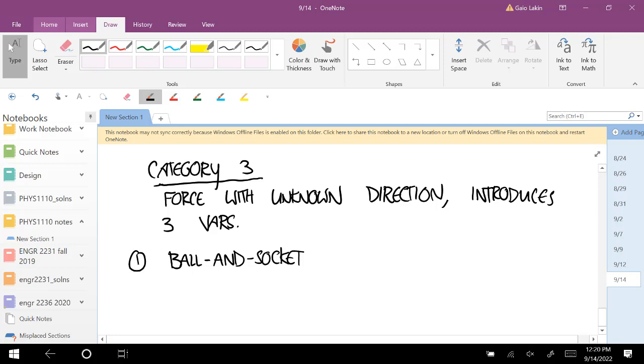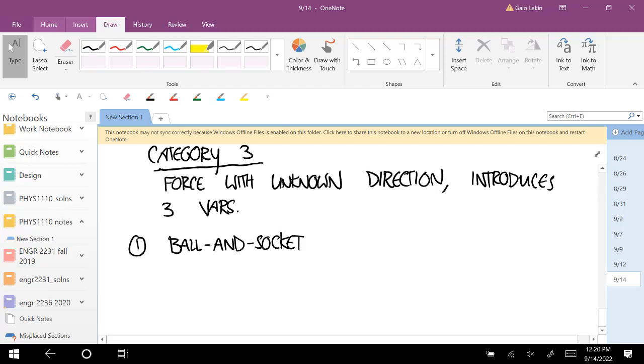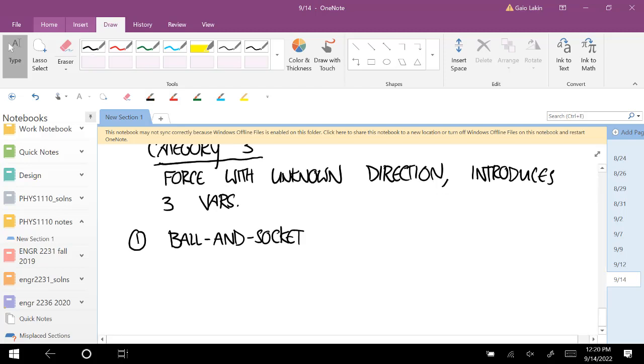The joint that we're going to deal with most in 2 dimensions is a pin joint, like a hinge. In 3 dimensions, it's a ball and socket joint. Okay, this is what we're going to see the most. And it looks something like this. So 1 is the top.